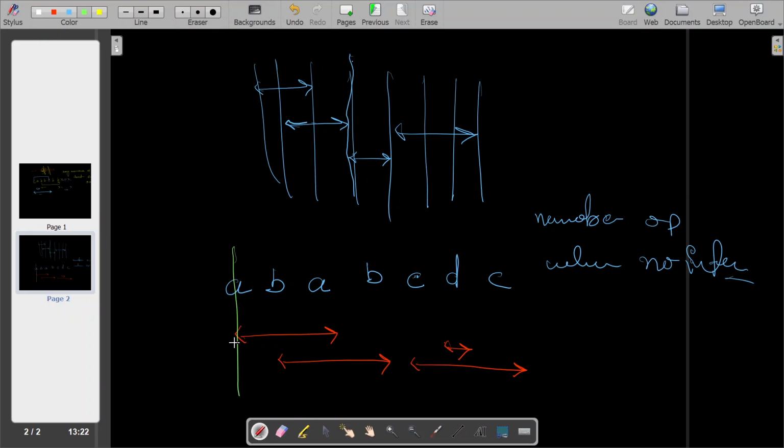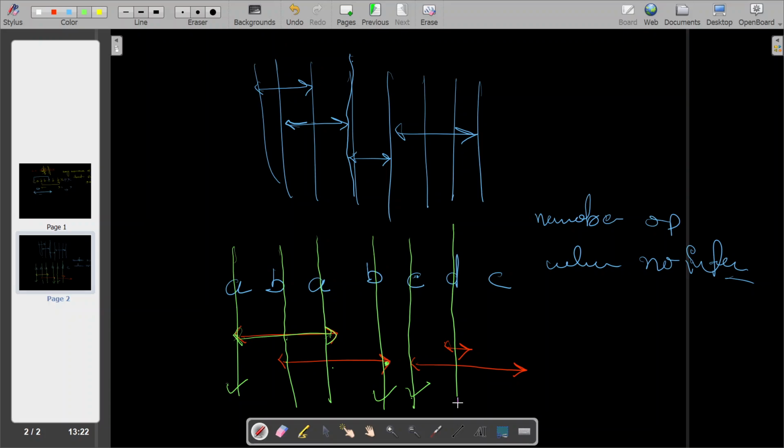Here there are no two lines intersecting, there is only one point with no intersection, so this counts as one. Here there are two lines, so we cannot take this. Here also two lines, cannot take this. Here there is only one line, so we can take this. Here also only one line, so we can take this.